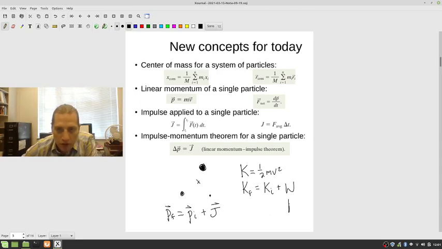Work was force times distance. This is going to be force times time. So the average force times the amount of time changes your momentum. The initial momentum is changed into a final momentum by applying an impulse. That's applying a force for some amount of time.